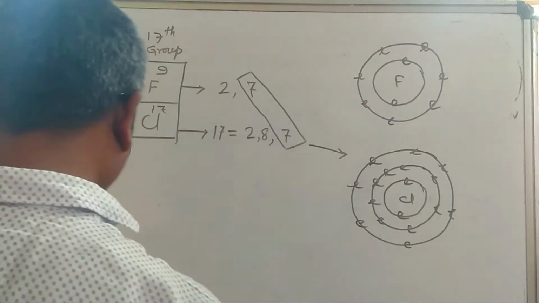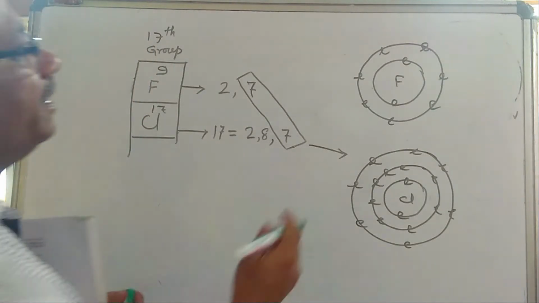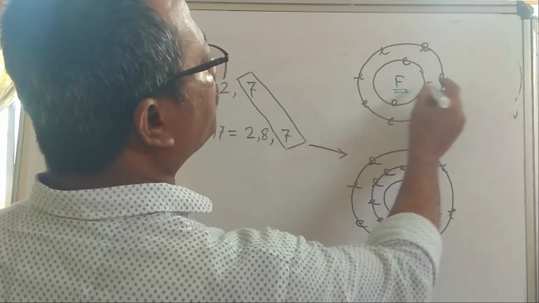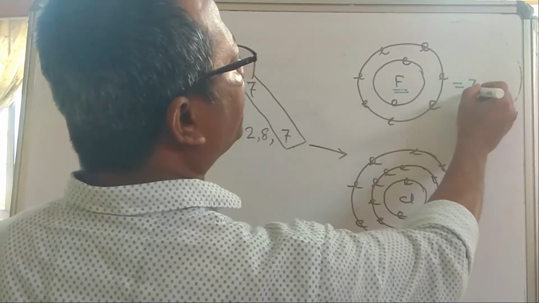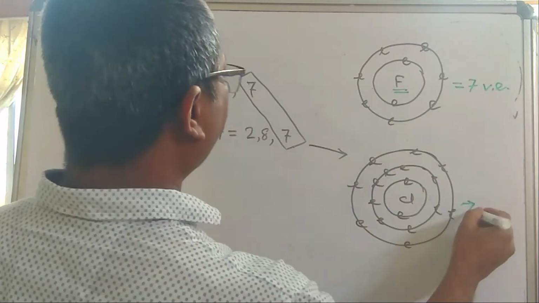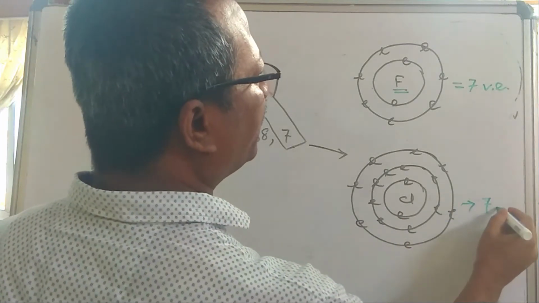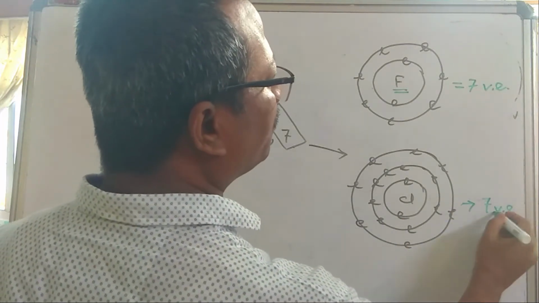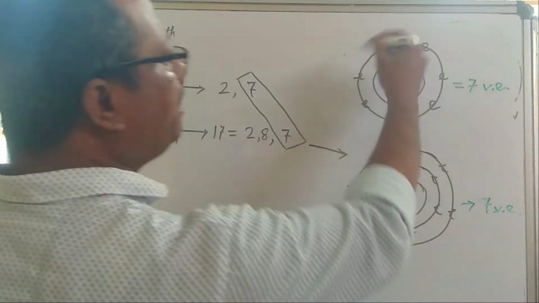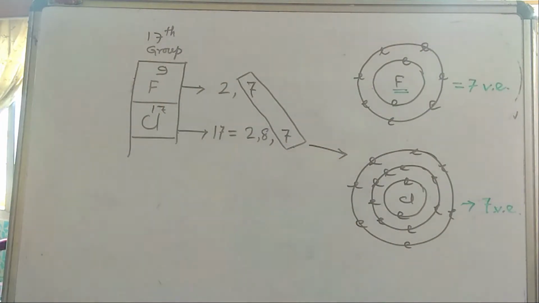So, you have noticed that on the outermost shell, in case of fluorine also, there are 7 valence electrons, and in case of chlorine also, 7 valence electrons. On the outermost shell, there are 7 valence electrons.